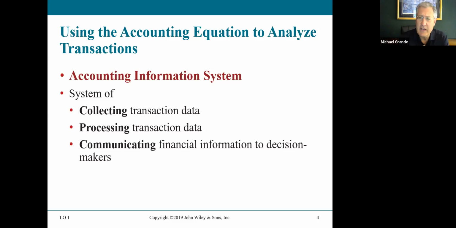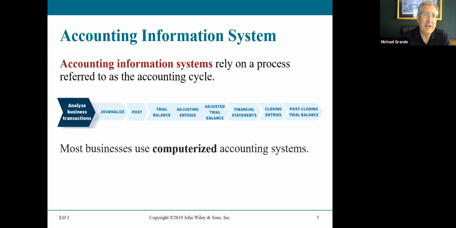So the communicating is essentially the preparation of the financial statements: income statement, statement of retained earnings, balance sheet, and statement of cash flows, which is used to inform investors, creditors, and users of the financial statements on how the company has performed. The accounting information system, you can see, is quite complex.